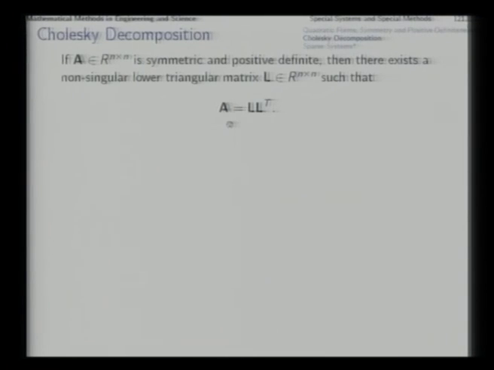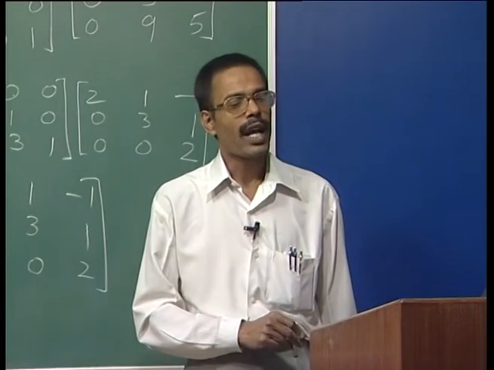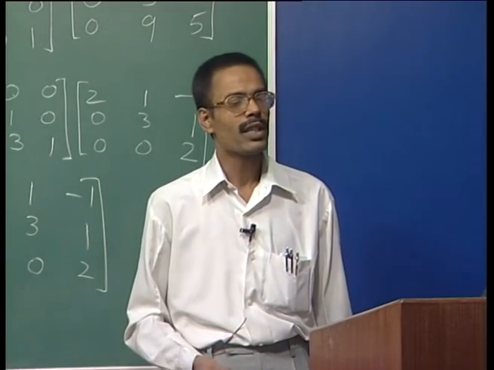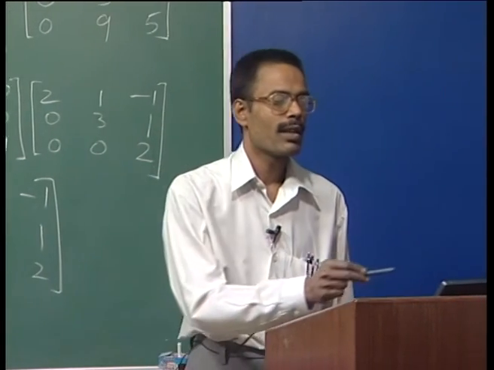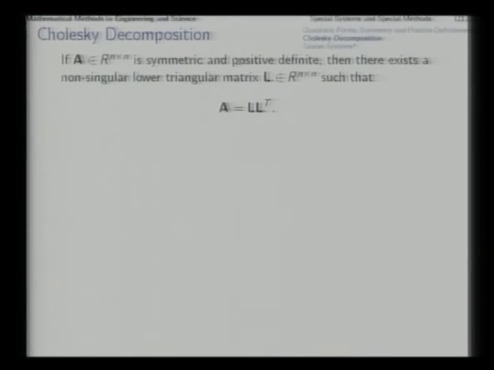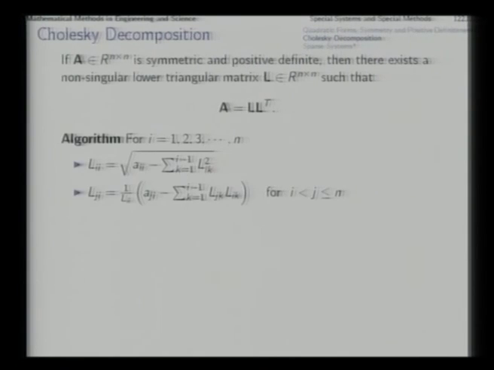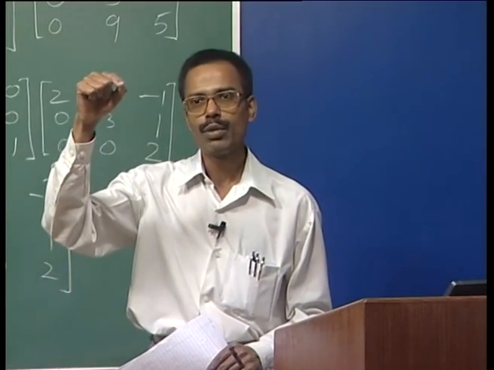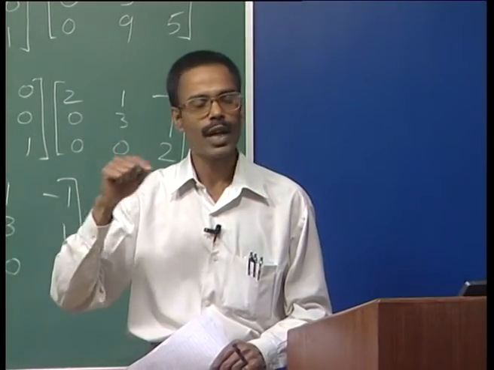Now, when the matrix A is symmetric, you can talk of such a decomposition, and you will succeed when A is not only symmetric, but also positive definite. The algorithm is similar to the LU decomposition algorithm, in which one by one you find L11, L21, L31, then L22, L32, L42 and so on.